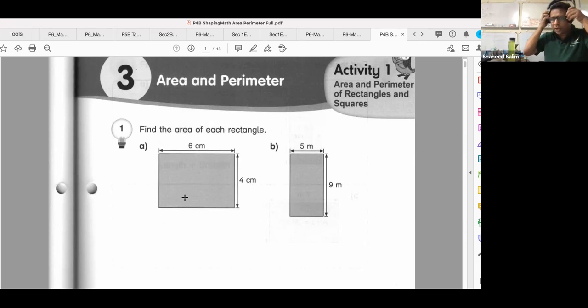Okay. We are finding the area of the rectangles. Okay, let's see. No one has sent. Hey, come on, guys, girls. Not so difficult, very easy, very easy.